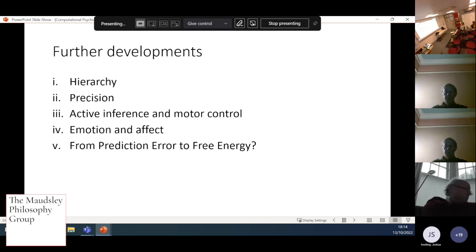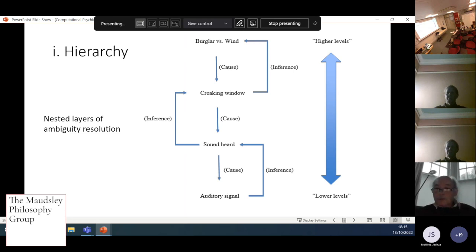So there are some further developments to predictive processing, and I'm going to go through them relatively quickly. You know what I said about the Bayesian ambiguity resolution? Well, that's actually hierarchically arranged. This is schematic.